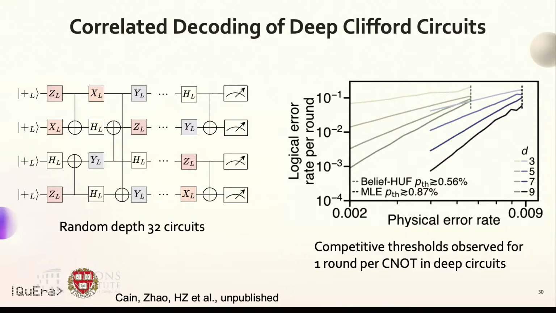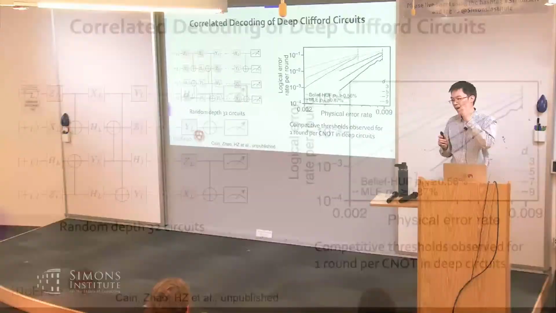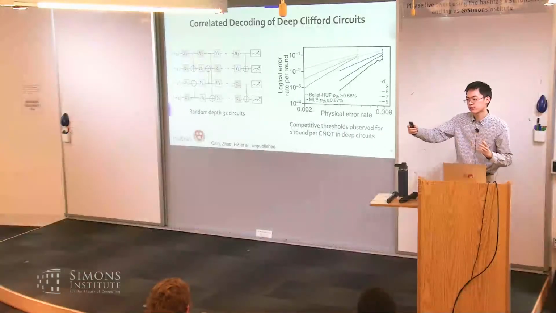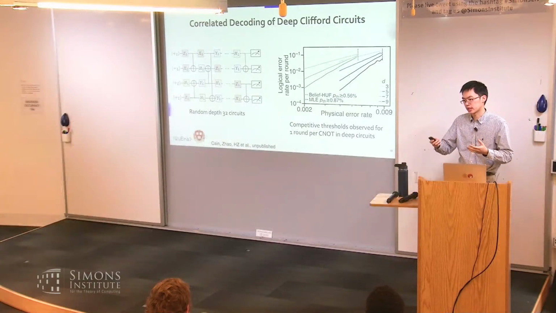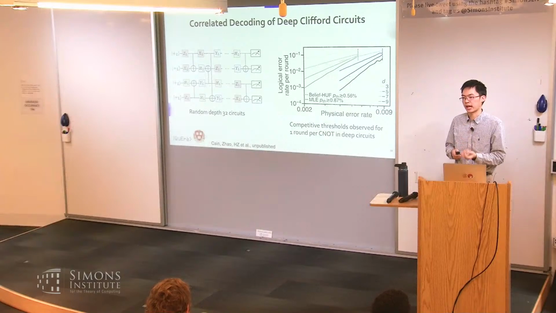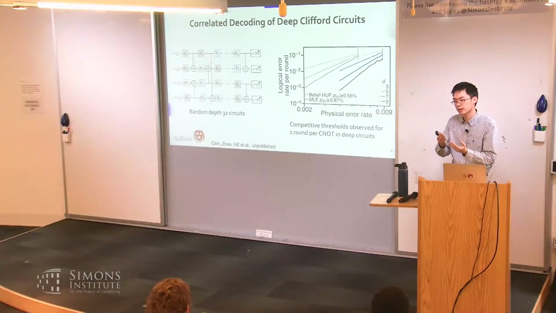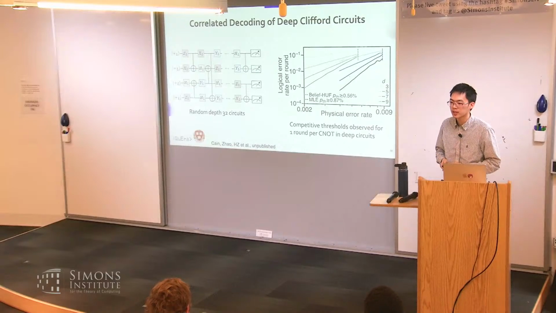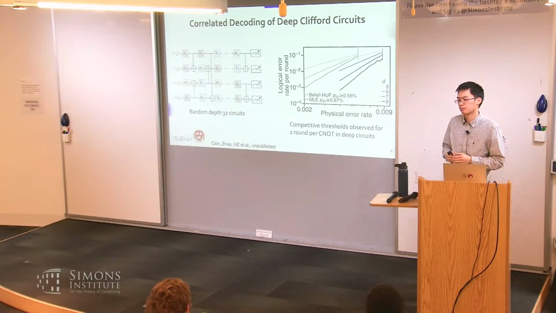Maybe I'll give another intuition about why you might expect it to be the same. Essentially, it's a competition of entropy removal using your measurements and added noise, right? So if you have a different circuit, if you're doing C0s and whatnot, the amount of noise that you're adding and the amount of entropy, this kind of thermodynamic balance, is roughly the same. And so generically, you would probably expect it to be somewhat similar.